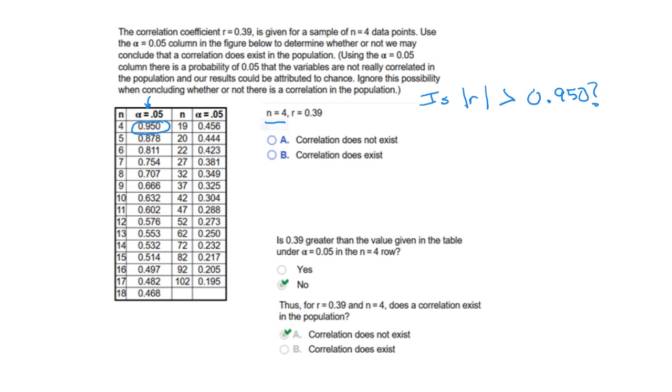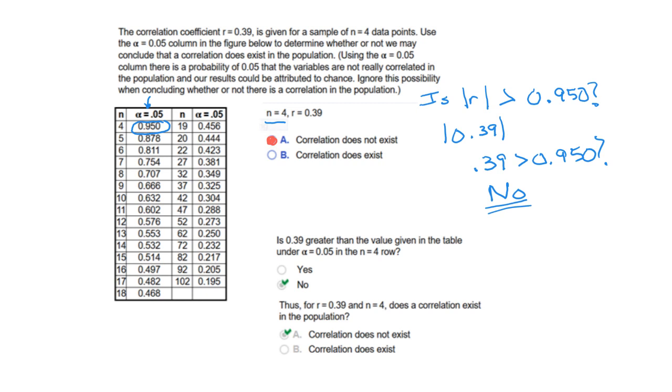All right, and so when we go in and take the absolute value of R, we get 0.39. And is 0.39 greater than 0.95? The answer is no. And so since it is not true, we can say that the correlation does not exist.